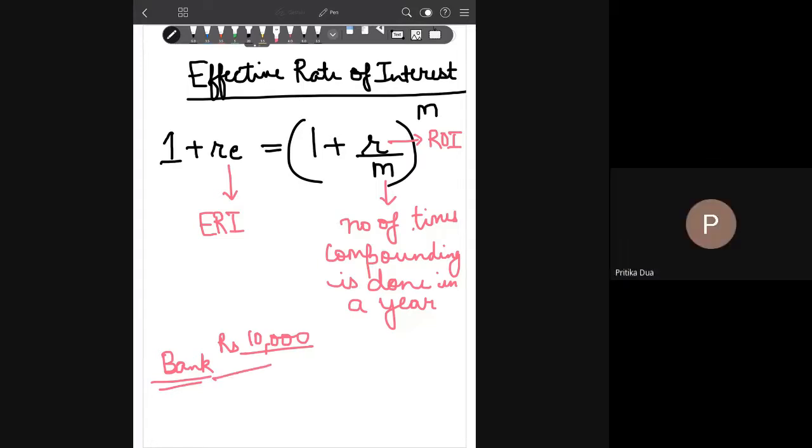One choice is that he can invest the amount at 12% per annum compounded monthly, or the second option is to receive 12.25% compounded half yearly.